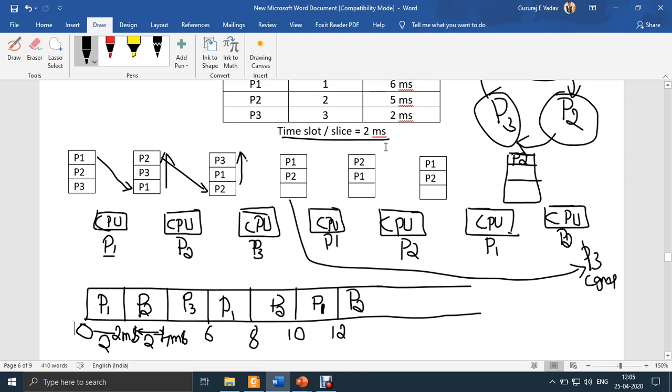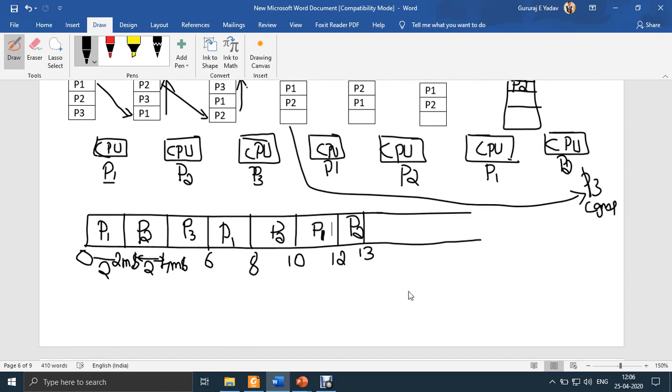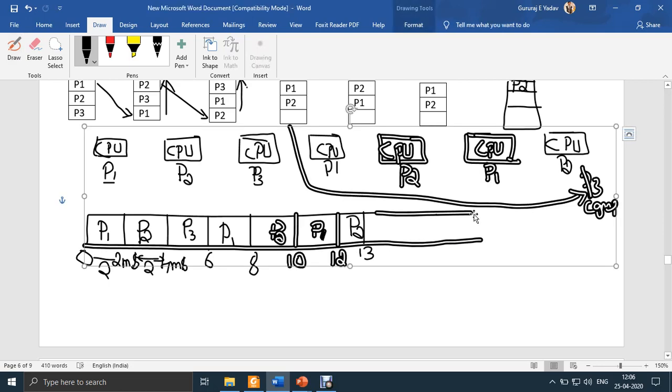It doesn't require the 2 milliseconds. That means it will complete at 13 itself, not at 14, because it requires only 1 millisecond. It completes at 13. So this is the schedule.